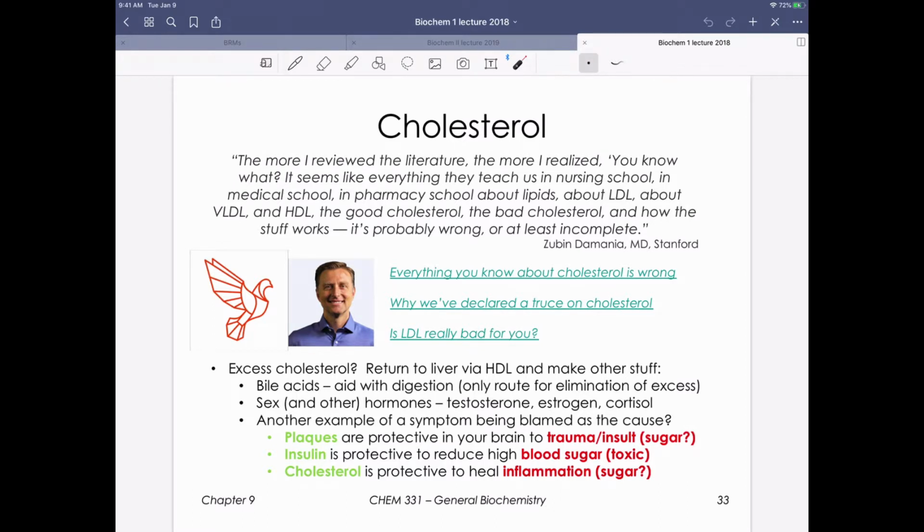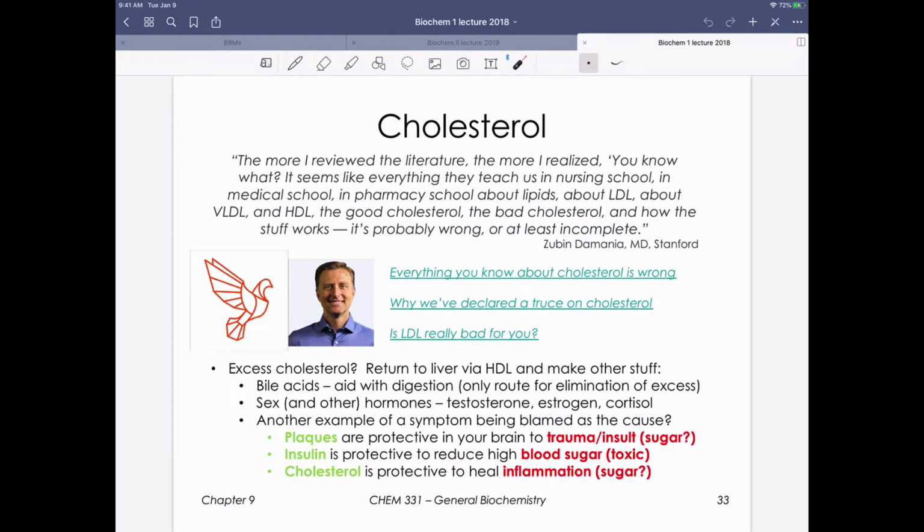I want you to keep that in mind as we talk about some of the different things that we've talked about as potentially being traumas or insults. The plaques that we talked about being formed in your brain are protective to trauma and maybe insult. We talked about the potential of calling sugar a cause for Alzheimer's. That's why we call it type 3 diabetes. Insulin really is a protective measure to reduce high blood sugar, which, again, is toxic.